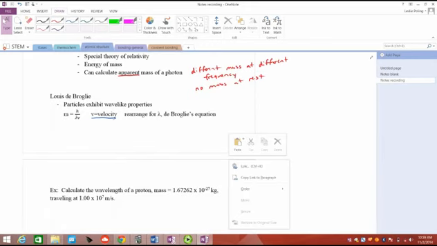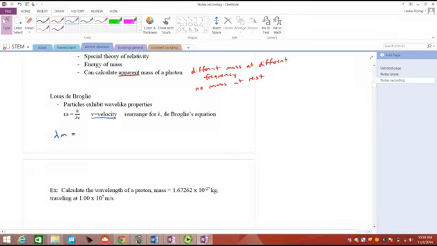When we rearrange this to solve for the wavelength, wavelength times m would equal h over v. So then the wavelength would be h divided by m and v.